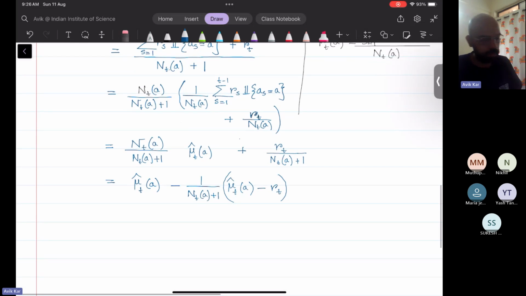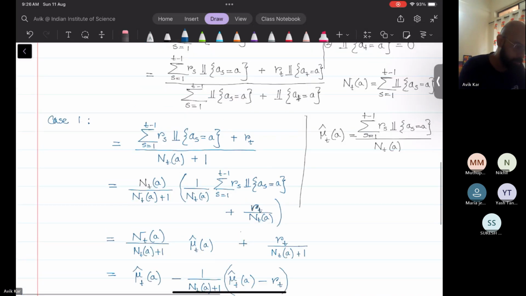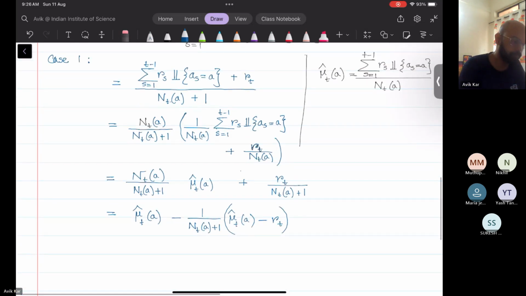So this is your incremental update of the estimate of the mean reward. That simplifies the algorithm and decreases the compute complexity for sure.